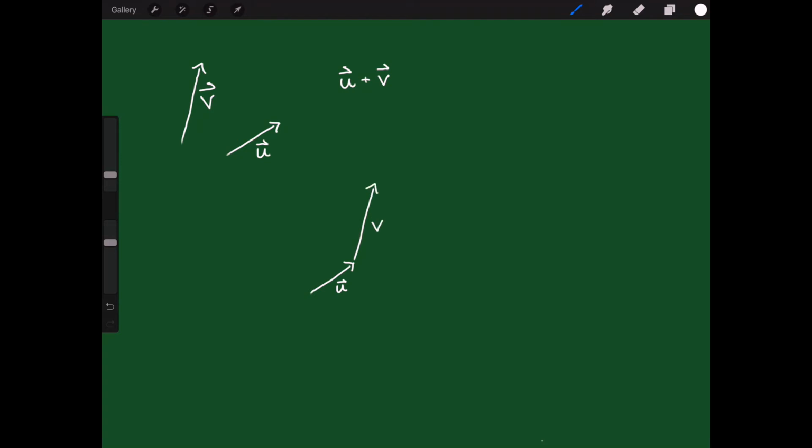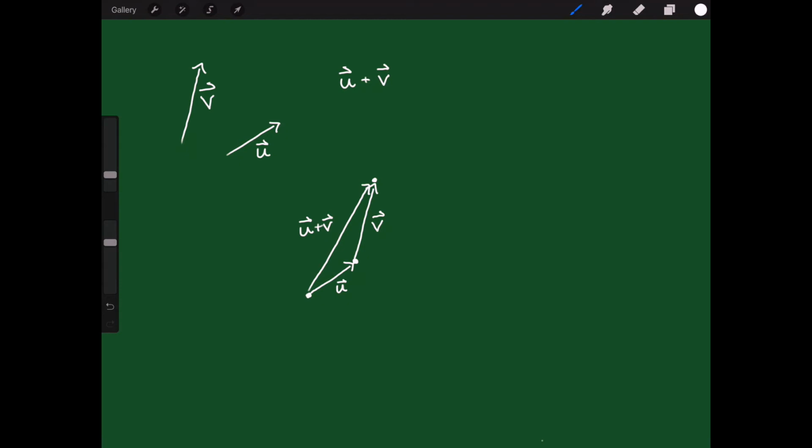If I start at the beginning point of u, and then I add v, I end up at this point. So I draw this third vector in, and this one is called u plus v.